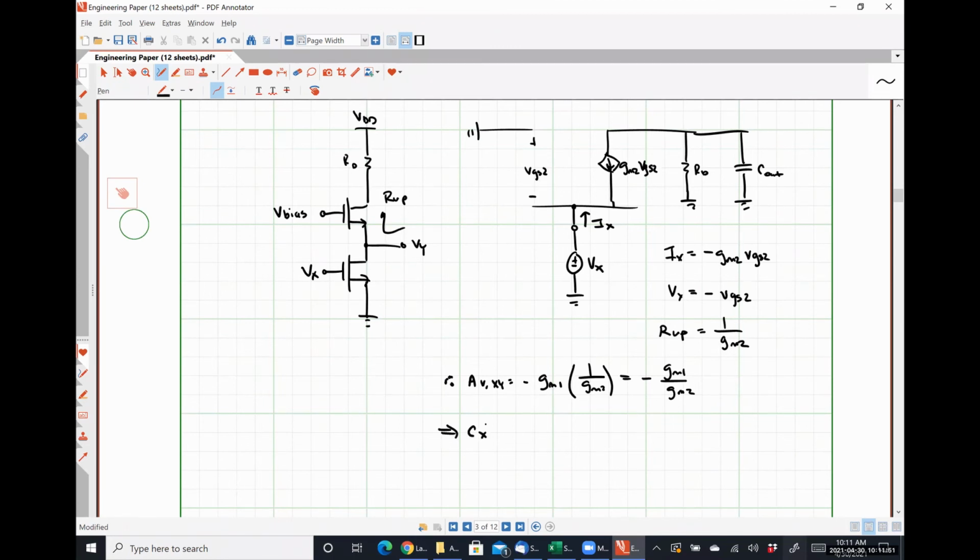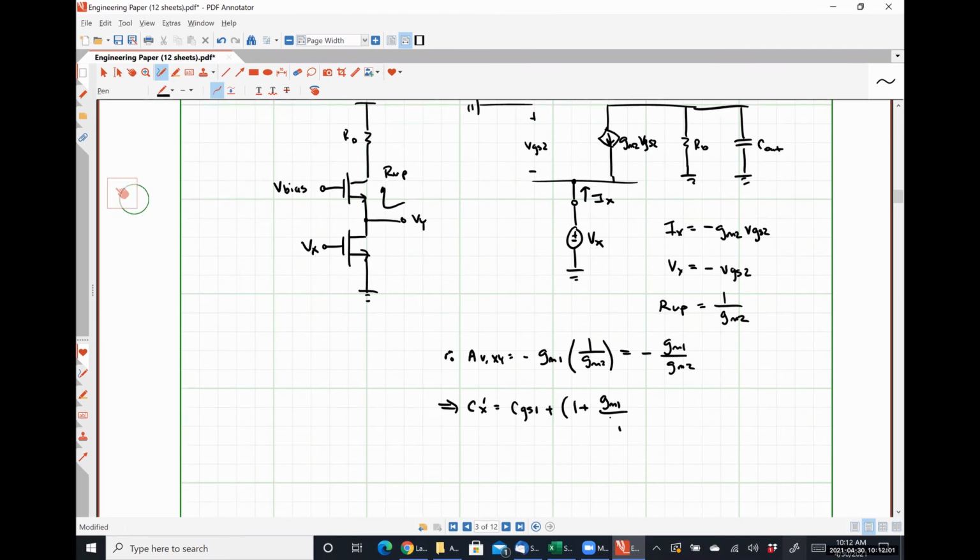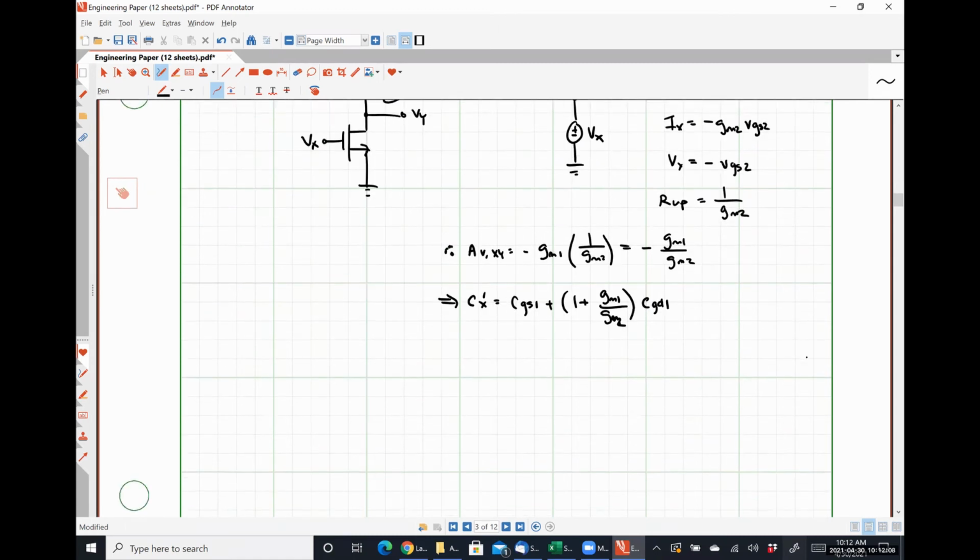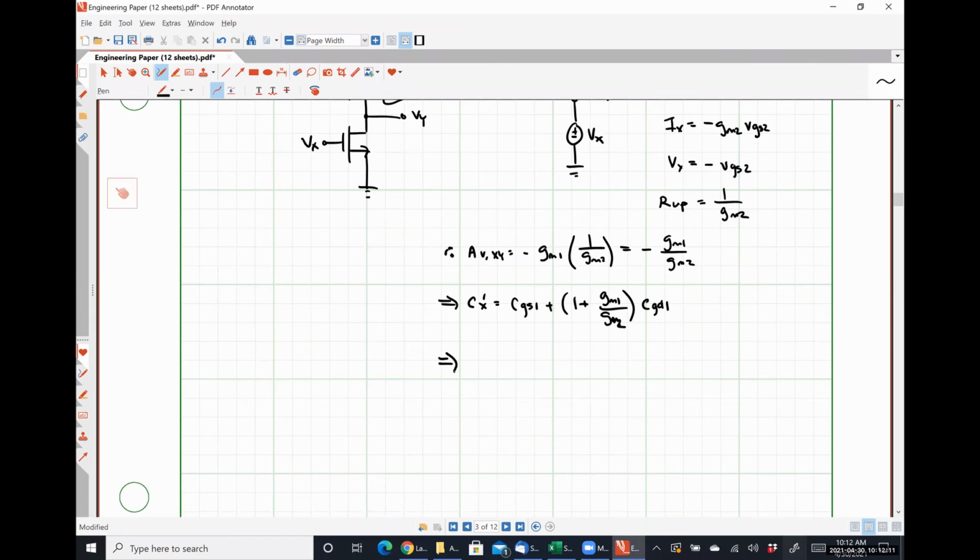Cx prime is now going to be CGS1 plus 1 plus GM1 over GM2, CGD1, and CY prime is CDB1 plus CSB2 plus CGS2 plus 1 plus GM2 over GM1 times CGD1.